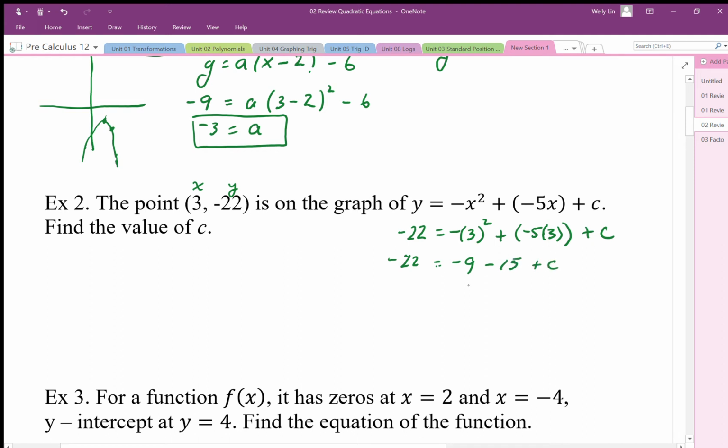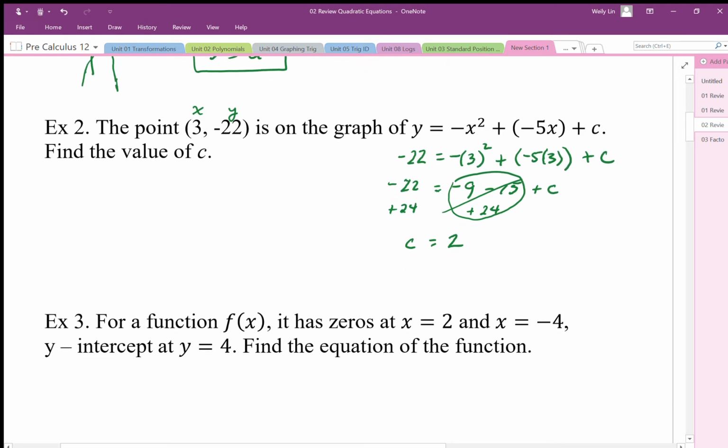So add 24 to both sides. Okay, so that's going to be a 0 pair here. So that all cancels out, and we end up with c is equal to positive 2. So the function here is negative x squared minus 5x plus 2. Okay, and that ends up being the y-intercept as well.